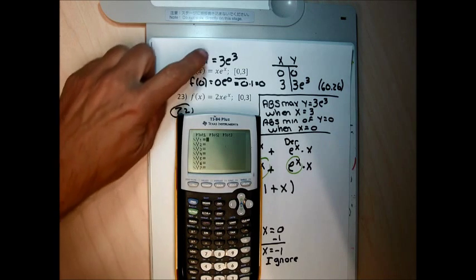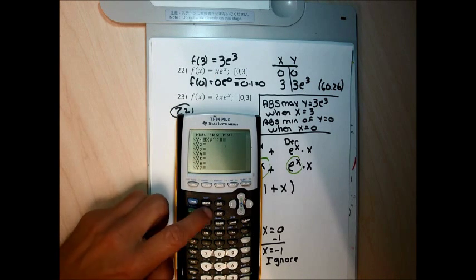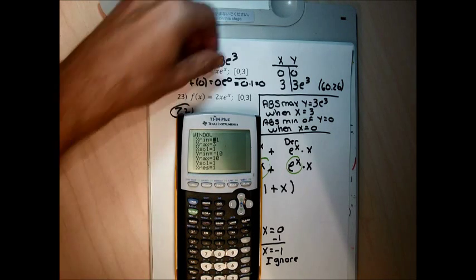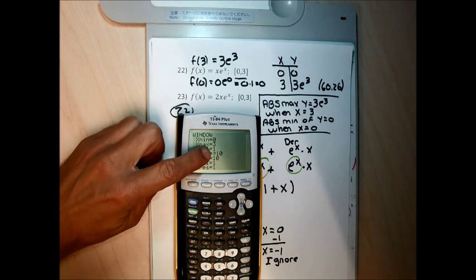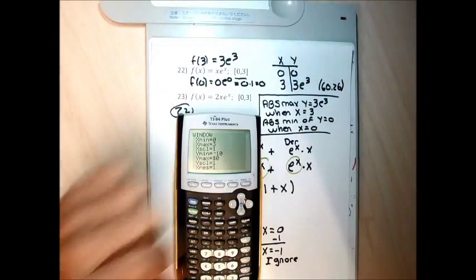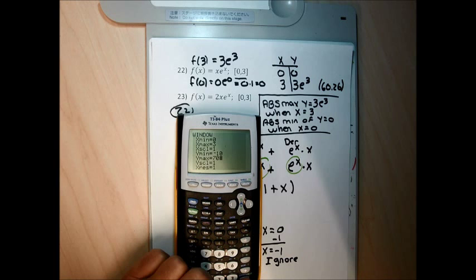So I'm going to graph the function x e to the x, set my window to an appropriate window. The x's have to go between 0 and 3, and the negative 10 on the y is not going to mess me up, but if the y max isn't at least 60.26, it's not going to help me. So I'm going to graph it at y max of 70.